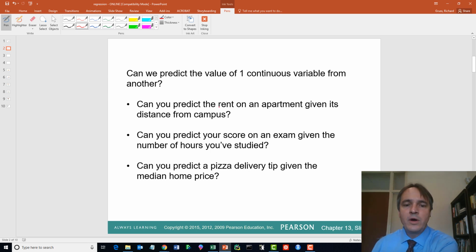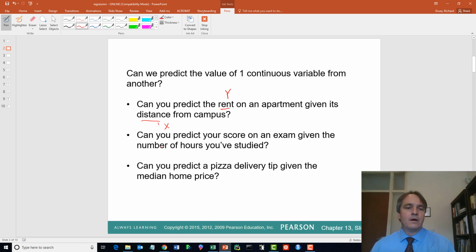But if we want to just look at the relationship between the rent and distance, we'll call rent our y, and we're going to try to predict rent, and the distance would be x.